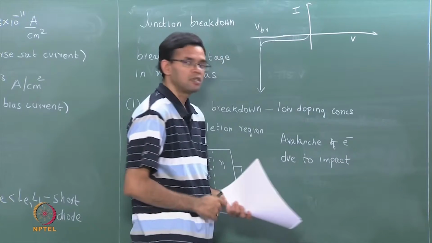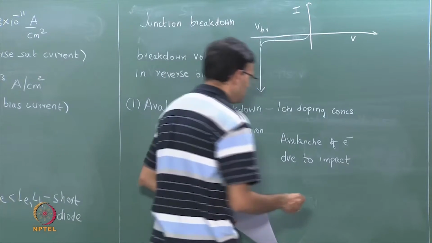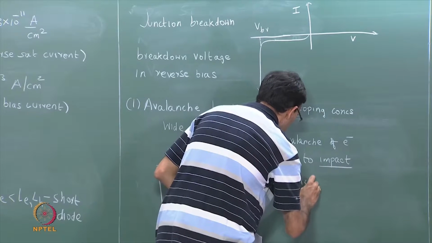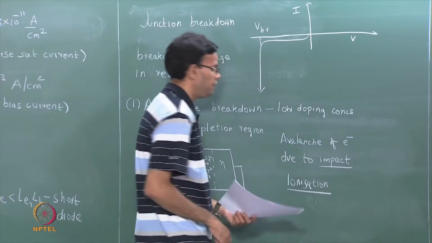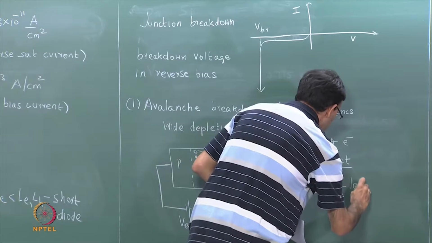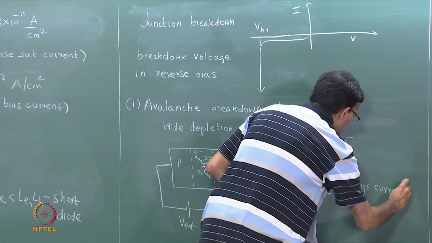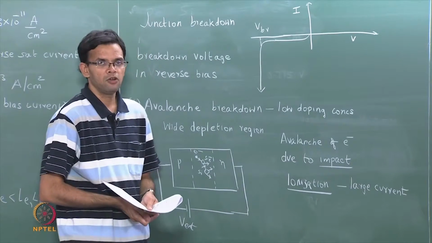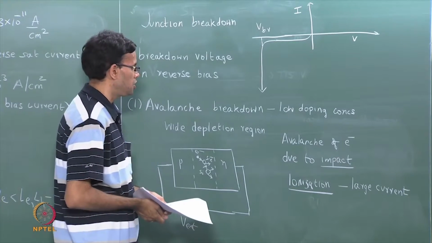So, this effect where the electron hits a silicon atom and ionizes it is called impact ionization. And the effect of this is that you have a large current. So, one mechanism of breakdown is called the avalanche breakdown, which occurs at low doping concentrations.